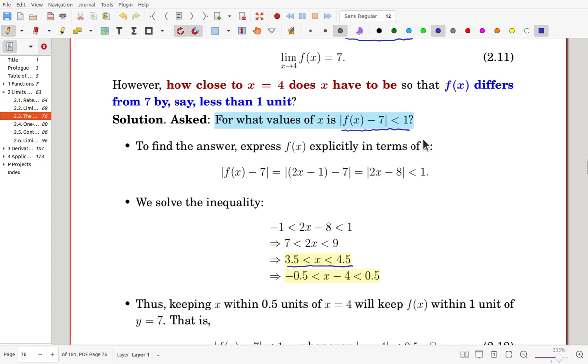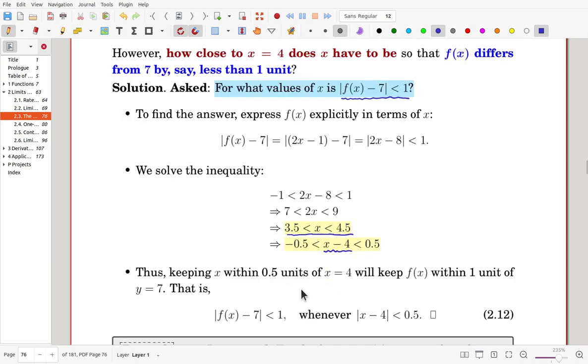Now, we want to express x near 4, because we want to see how close to 4 x has to be. We want to answer this question, so we subtract 4 to make eventually x minus 4 and the absolute value of x minus 4. By subtracting 4, we reach this one, and by taking the absolute value, we reach this one.